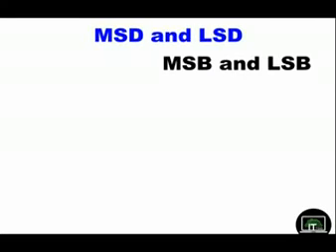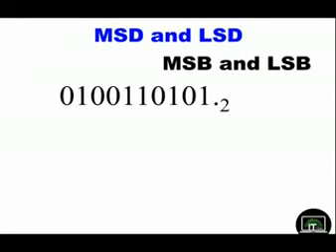Let's look at another number to understand the MSD and LSD. Sometimes if you use binary numbers, these are called MSB and LSB. In this case, what is the MSD? MSD is the non-zero value which is far away on the left side of the decimal point, that is 1.